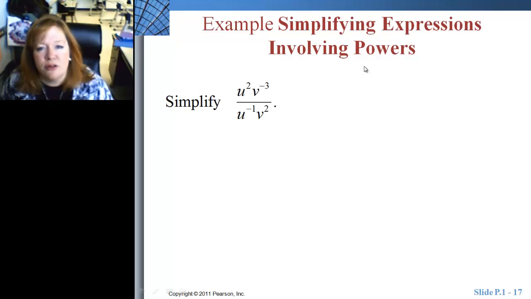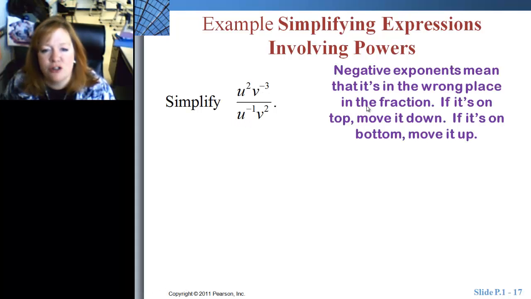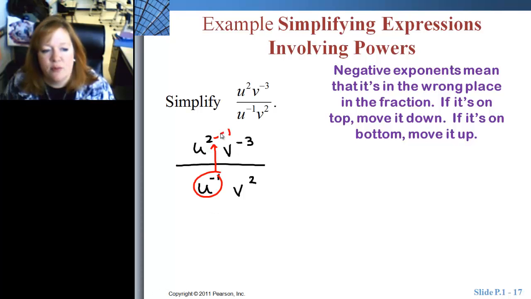So let's do an example of simplifying these expressions with powers. Remember I told you the negative exponents, they just change the location in the fraction. If it's on the top, you're going to move it down, and if it's on the bottom, you're going to move it up. So I just rewrote this so you can see what we're going to be doing. This a to the negative 1 comes up, and subtract exponents.